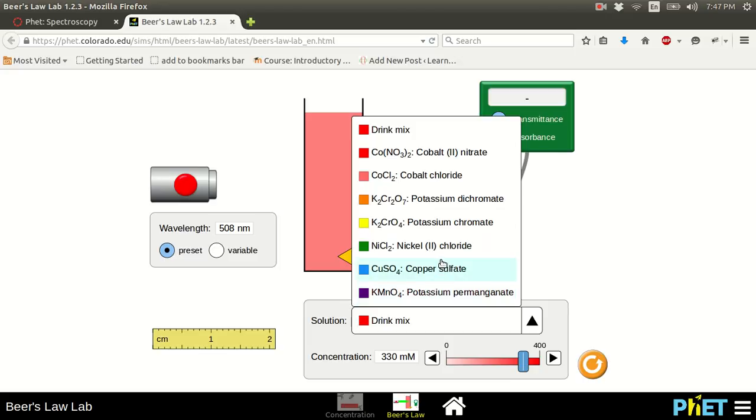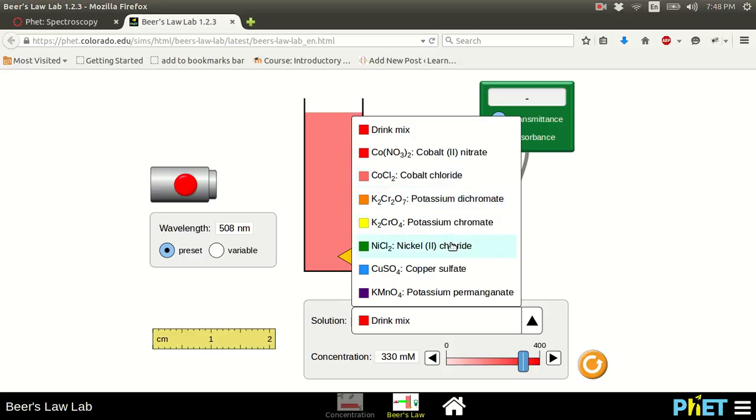Well, you might also need to test the anion. Because what if it's both the cation and the anion that is affecting the color, right? Let's try to find some chemicals that have the same anion. Here's some. Nickel chloride, cobalt chloride. Now they have different cations, but they have the same anion.